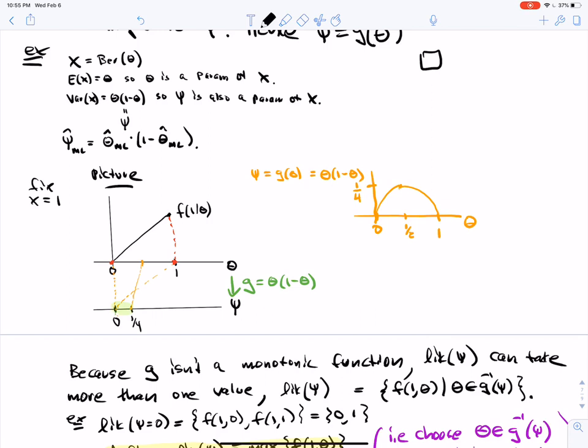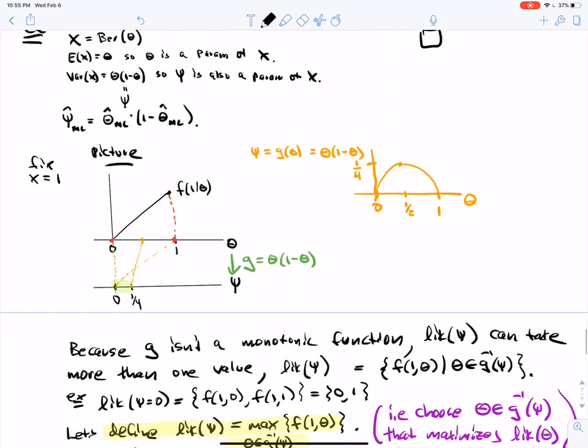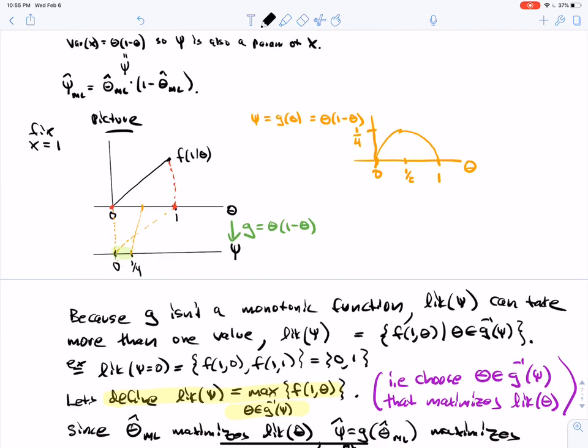So let's call that phi. Phi is G of theta, which is theta times 1 minus theta. What I'm going to show is that phi hat is theta hat times 1 minus theta hat. That's the equivariance property.